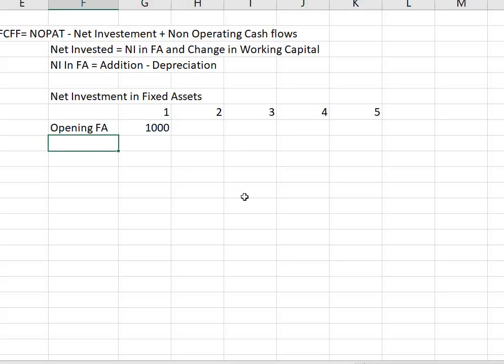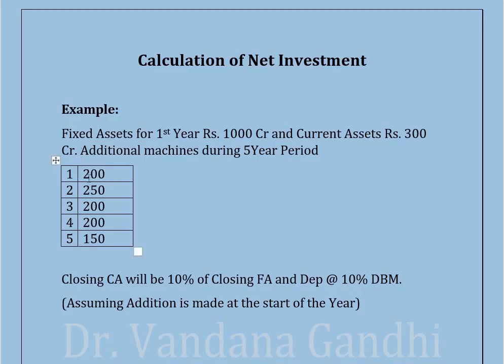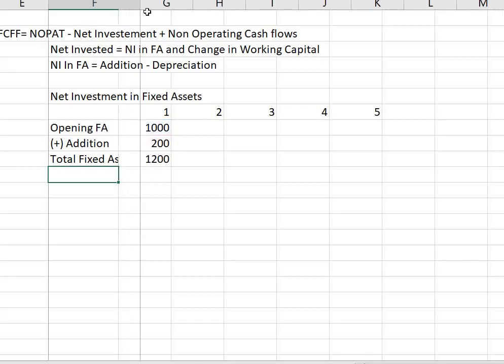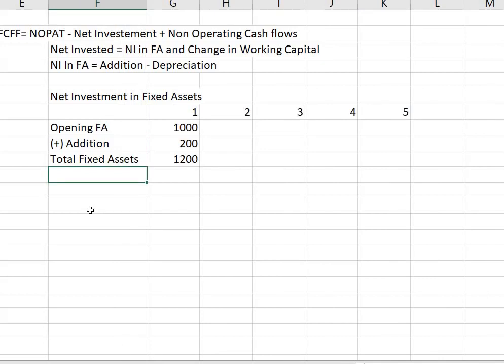Now during the 5-year period we have made certain additions and those additions are at the start of the year, right? So for the very first year I have made the addition of 200 crore. So I will mention it over here. So the total asset on which I have to calculate depreciation is nothing but 1000 plus 200, that is 1200, right? So on this 1200 we will be calculating depreciation.